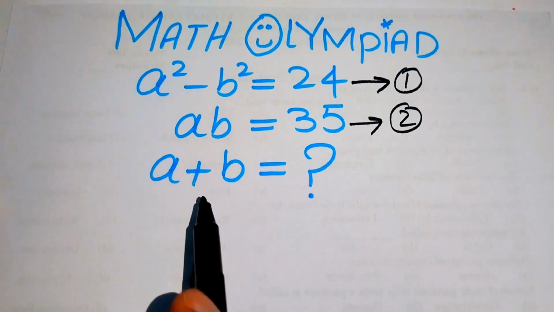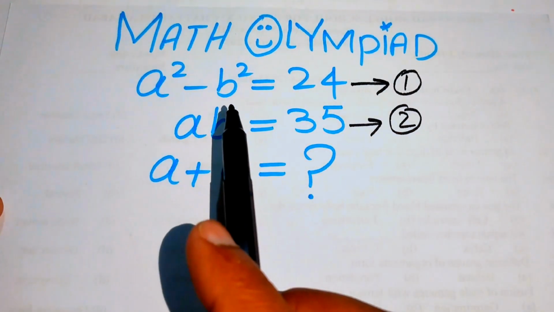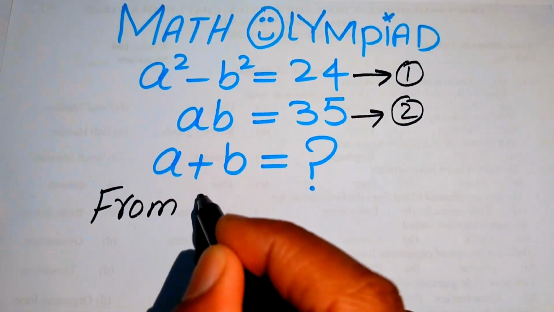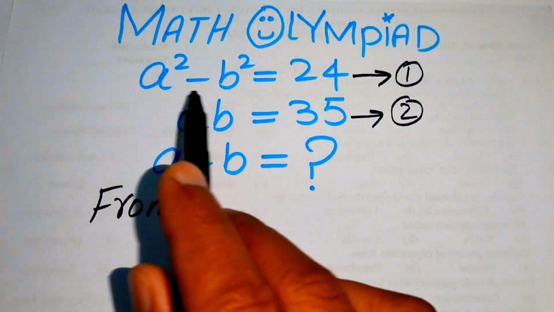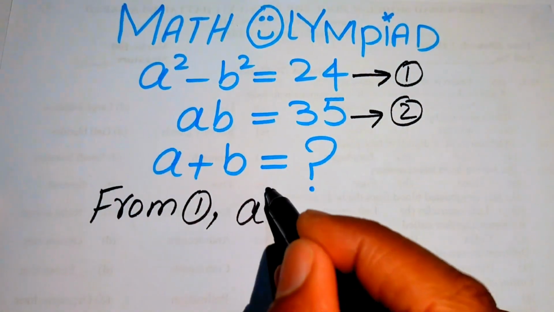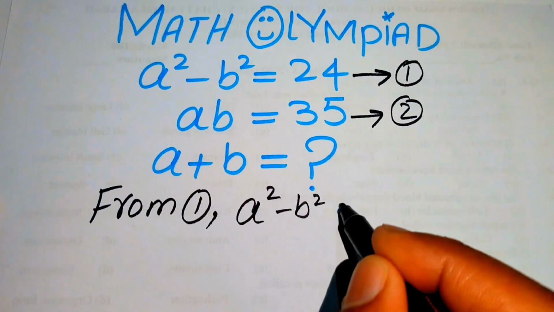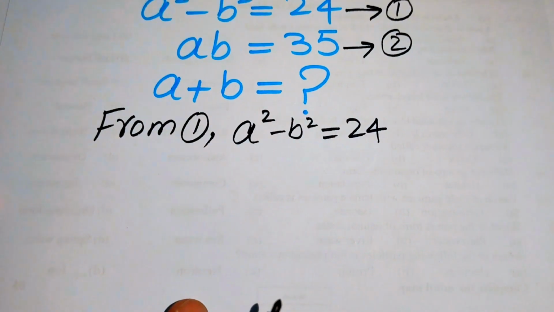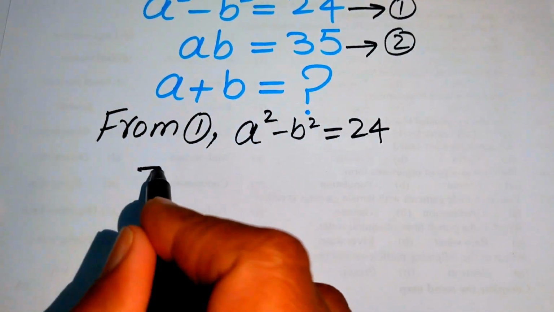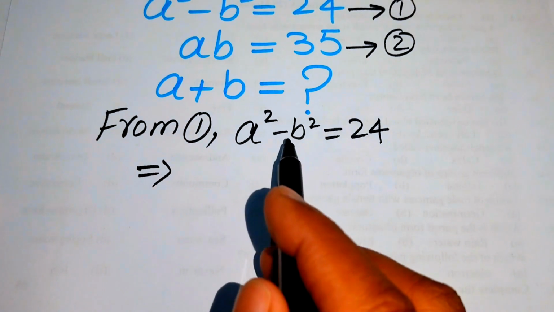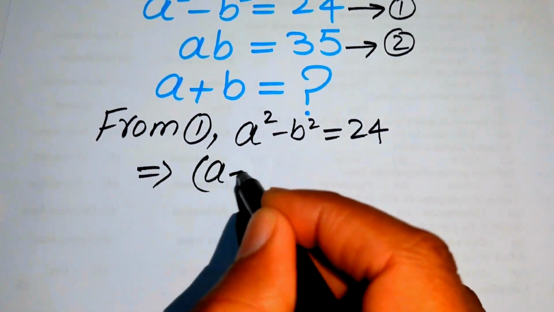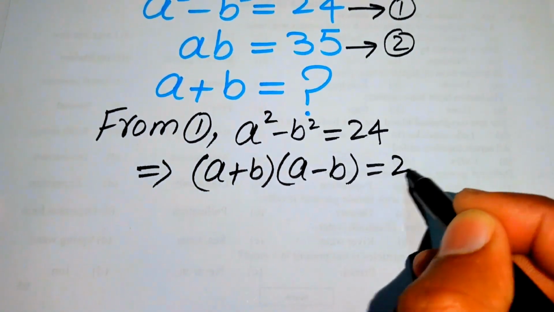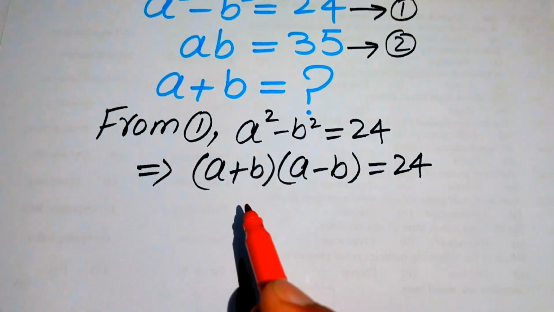In order to find the value of a + b, first we solve equation number 1. From equation number 1 we copy down a² − b² = 24. Now we use the nice algebraic formula: a² − b² = (a + b)(a − b) = 24.